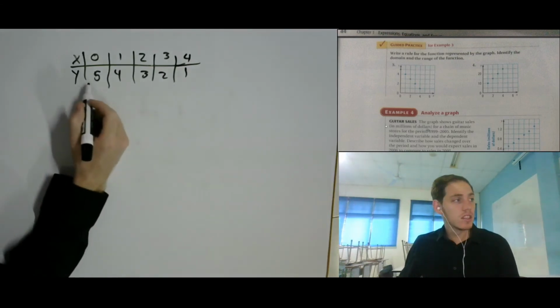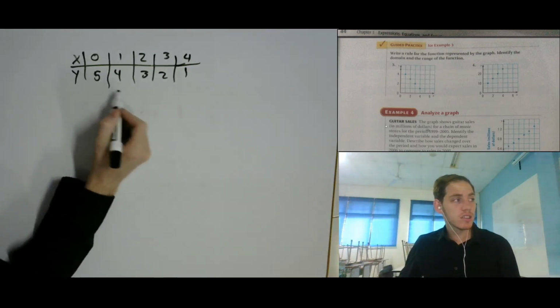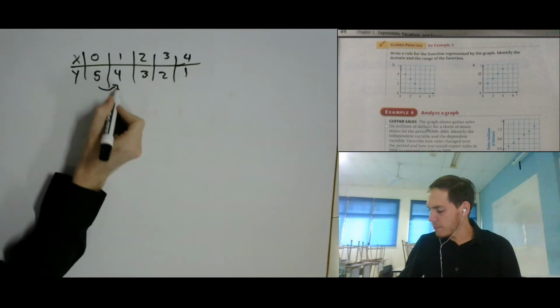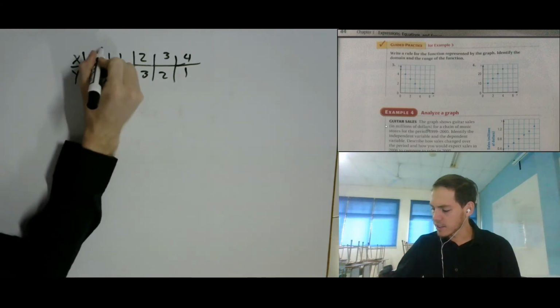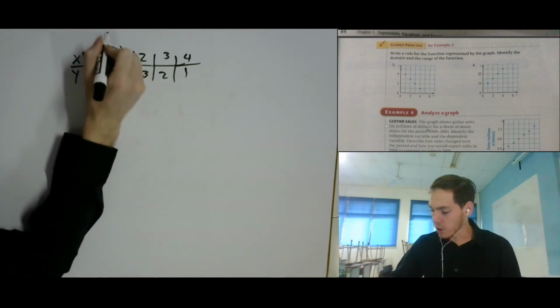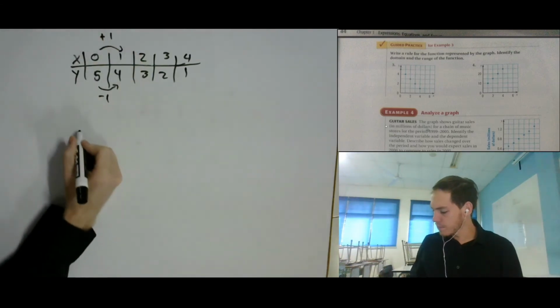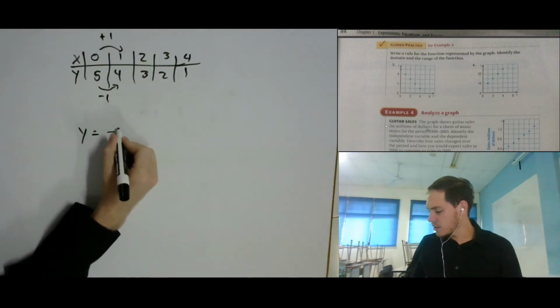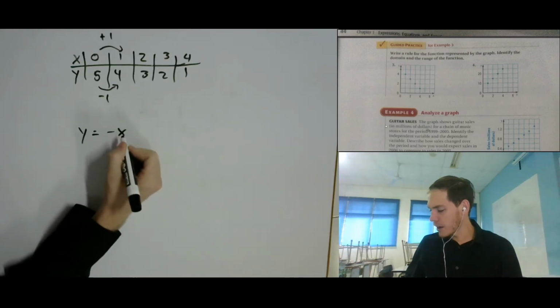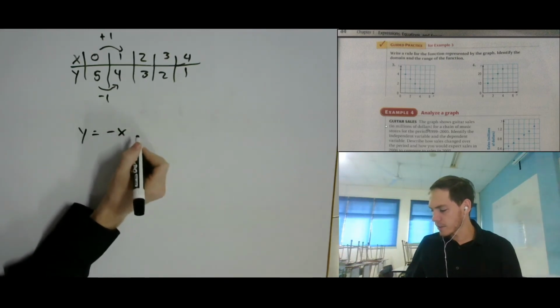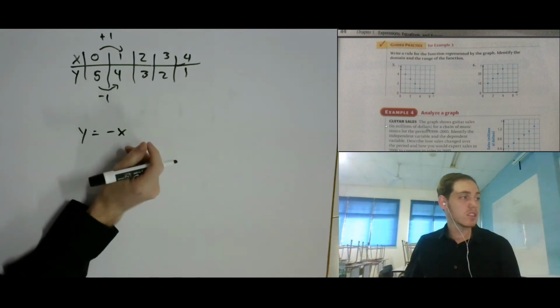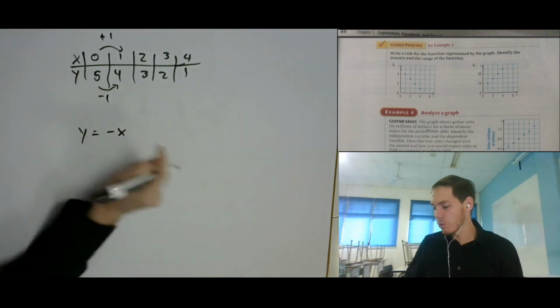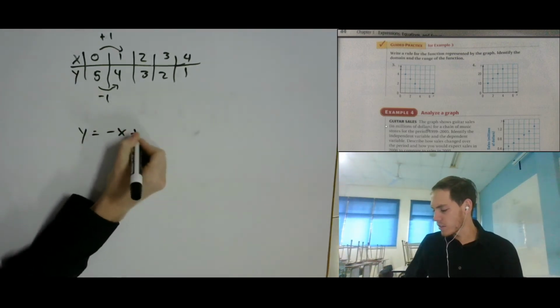Okay. So is this going up or down? This is going -1, right? As this is going +1. Okay. So our output is always a minus, okay? Negative's happening. But when do we start? When x was 0, what was y? Y was 5.